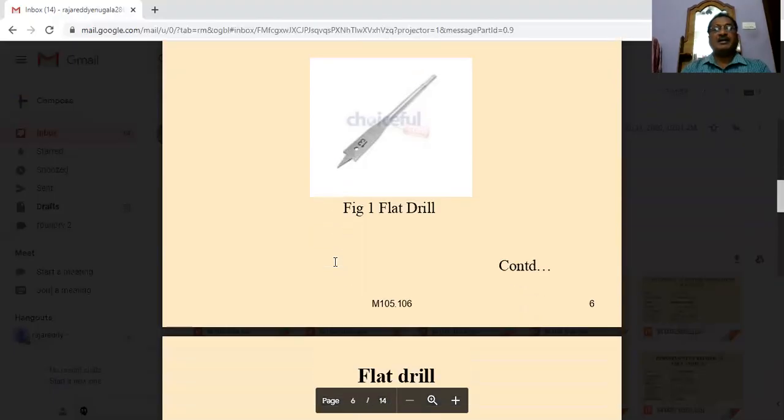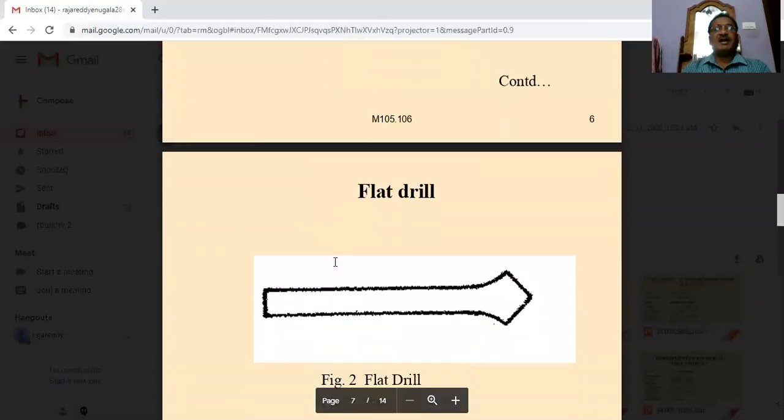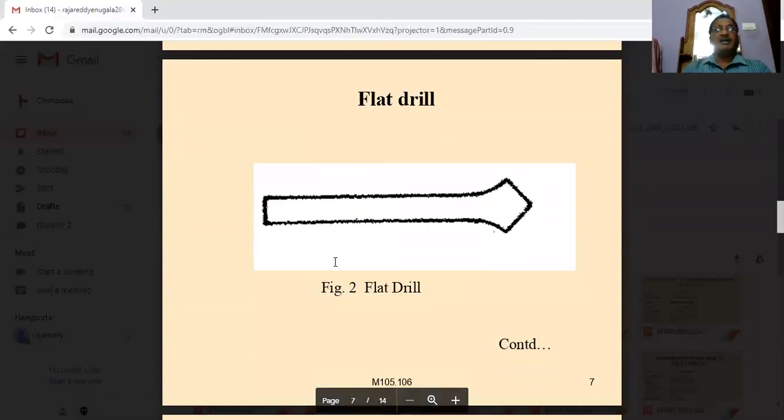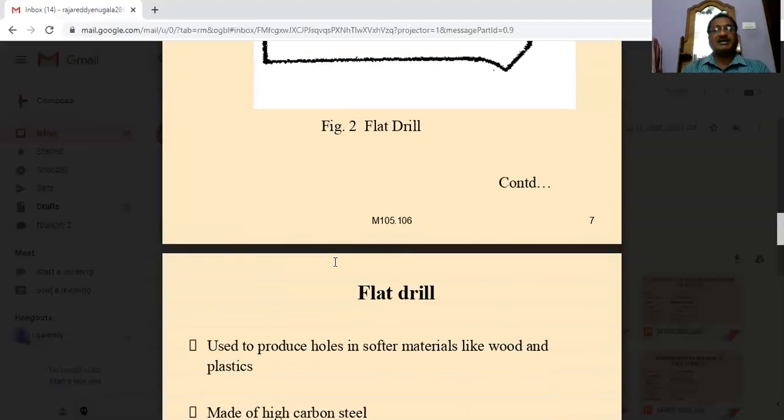A flat drill is a flat bar-like device, and at its end it is curved and sharpened to a point. Flat drill schematic diagram.